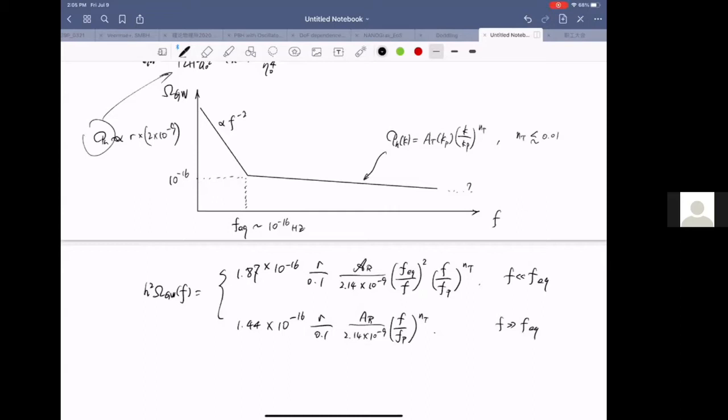Of course, all of these calculations can be made more accurate, and you can do it by yourself.